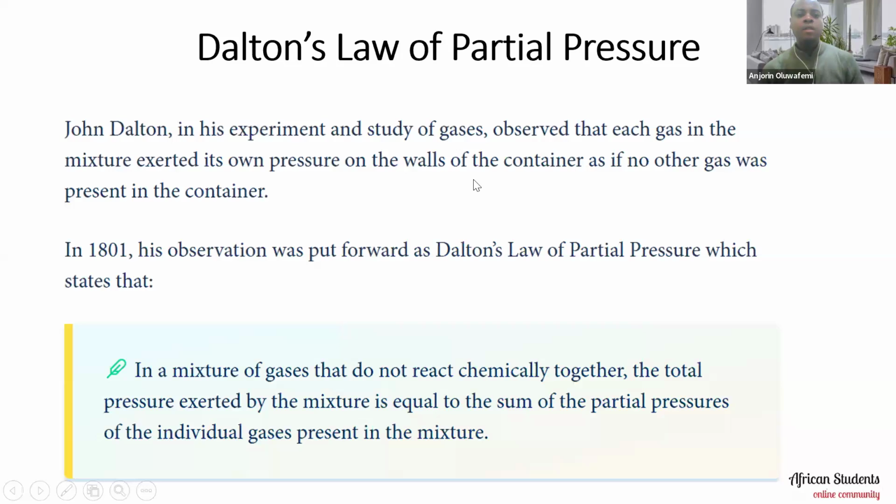So another thing that we need to also look at is Dalton's law of partial pressure. Basically, John Dalton, in his experiment and study of gases, observed that each gas in the mixture exerted its own pressure on the walls of the container as if no other gas was present in the container.